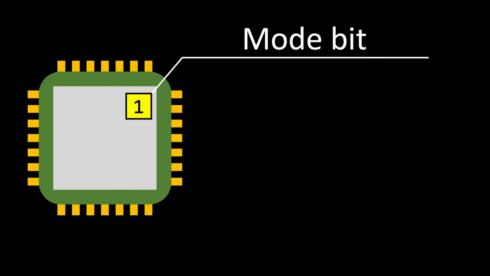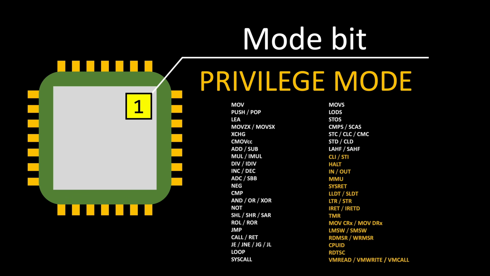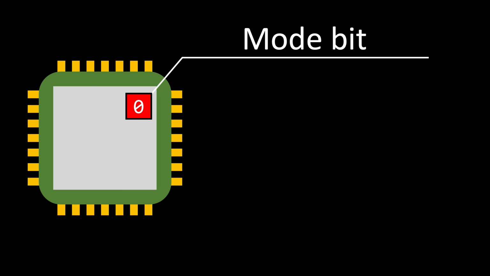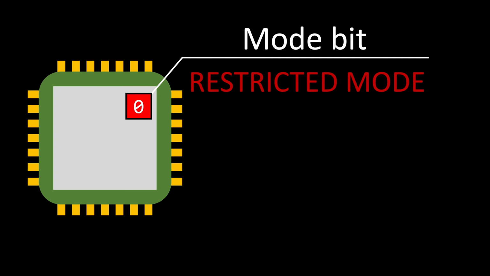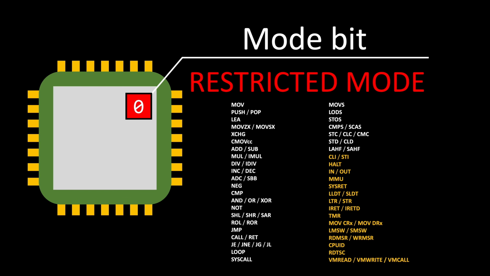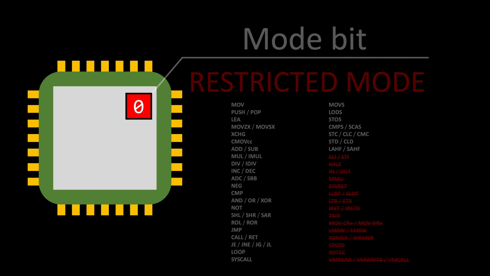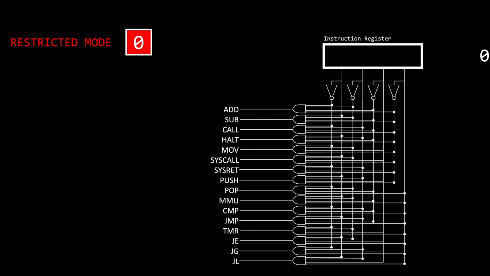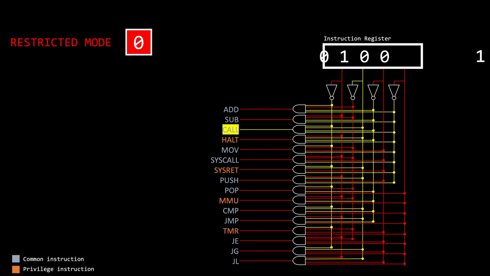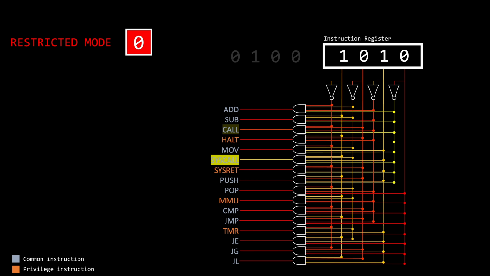When its value is set to 1, the processor is said to be running in privileged mode, which means it can execute any instruction in the instruction set, including privileged instructions. When the value is set to 0, the processor runs in restricted mode, meaning it cannot execute privileged instructions. As we know, the CPU internally uses combinational logic circuits to decode incoming instructions.